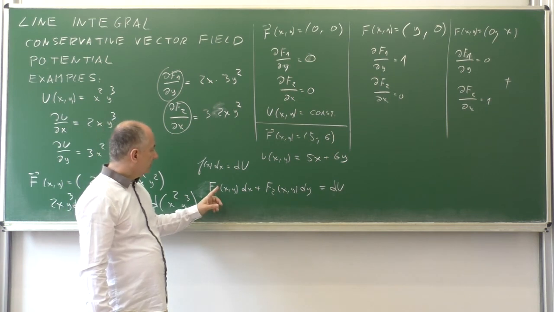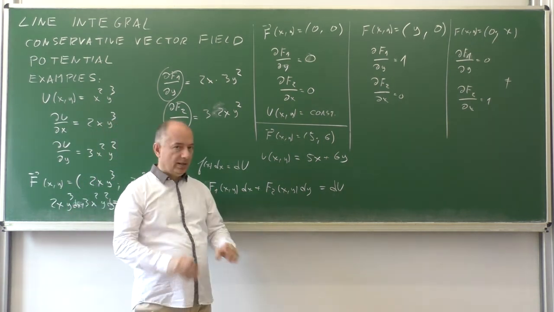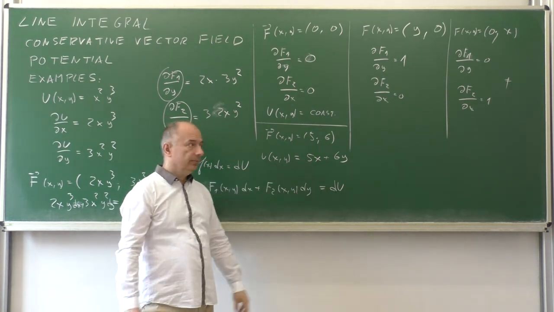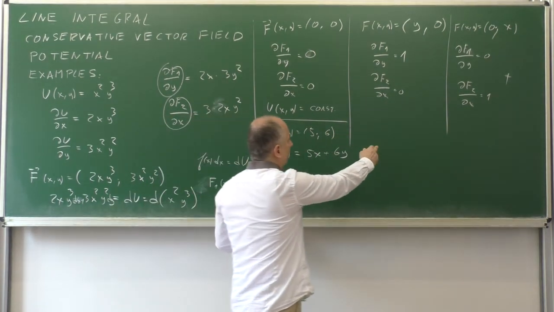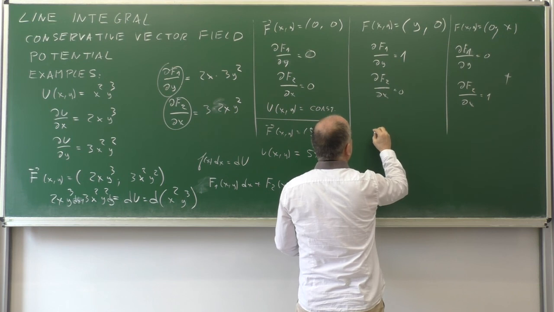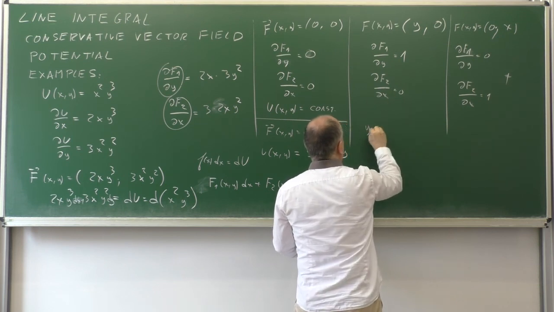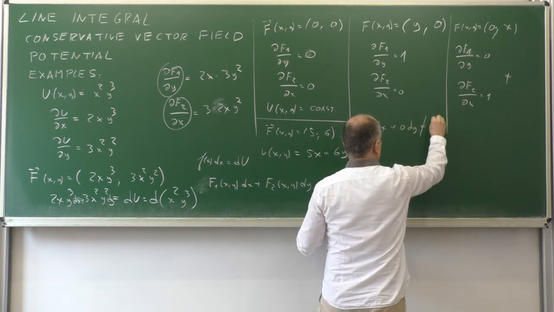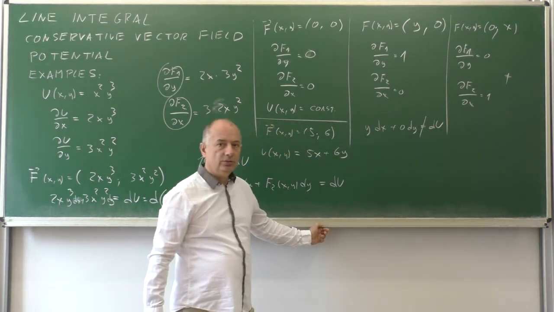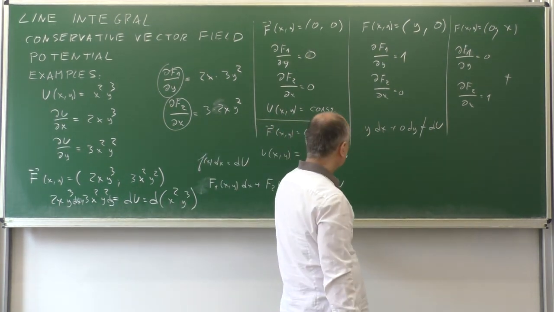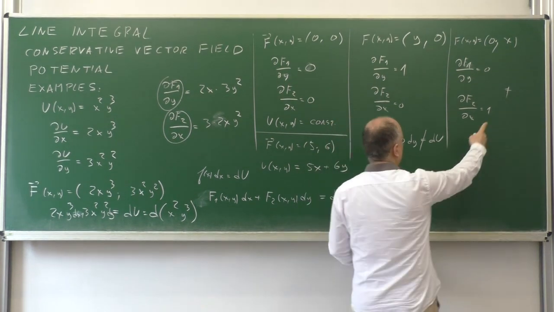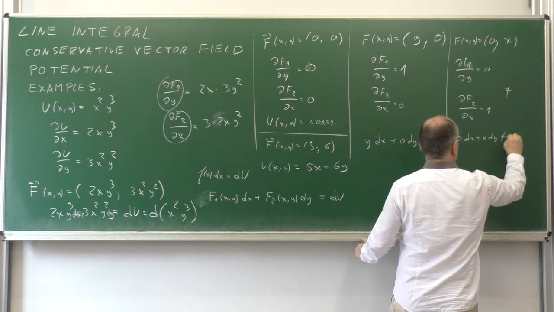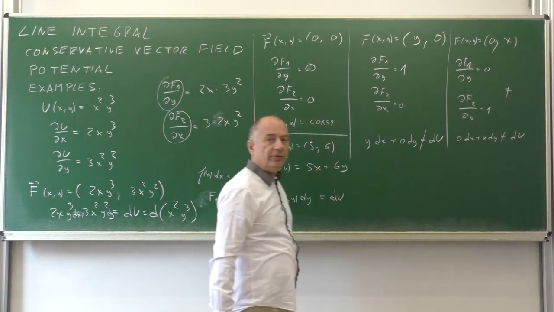So some expressions, f1 dx plus f2 dy, are the total differential of some function, some are not. An example would be here or here. If you take this one, y dx plus 0 dy is not a differential of any function u. And similarly, 0 dx plus x dy is not a total differential of any function u.